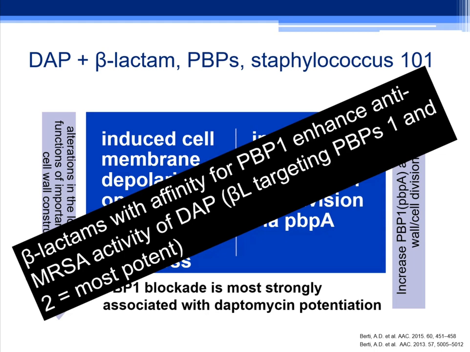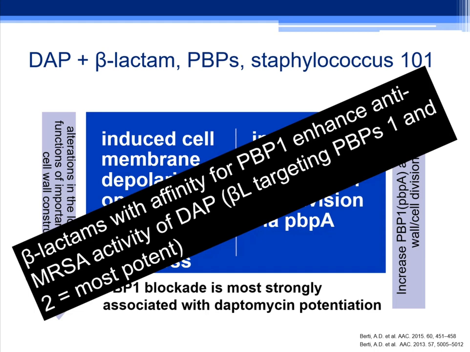To create that polarization of the wall, it actually has to increase PBP1, for which PBPA is kind of a substrate, in cell wall division. Going back to PBP2, we know that within Staph aureus, it helps with the cell wall texture and the translocation and transpeptidation that help with the D-alanine aspects within that.